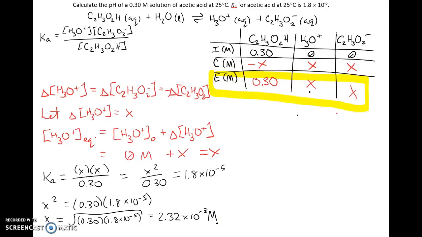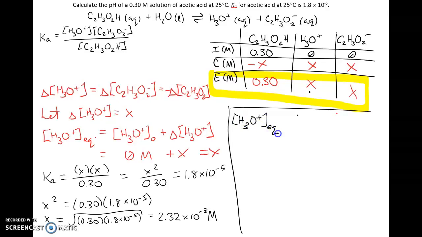So 2.32 times 10 to the minus 3 moles per liter is the concentration of both hydronium ions and acetate ions at equilibrium. So let's go over to the bottom right-hand quadrant here and write that out, that the concentration of hydronium ions at equilibrium is equal to x, which is 2.32 times 10 to the minus 3 moles per liter.